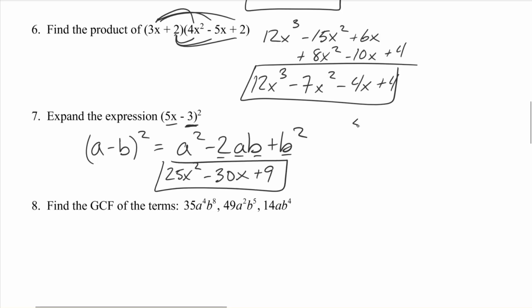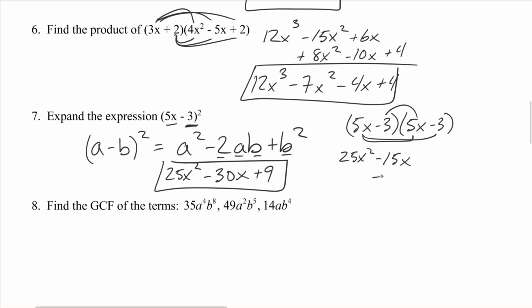The other way to do it is to say, well, the quantity 5x minus 3 squared means 5x minus 3, that quantity times the quantity 5x minus 3, just to do it twice. And here's where this pattern comes from. 5x and 5x make 25x squared. 5x and negative 3 make negative 15x.